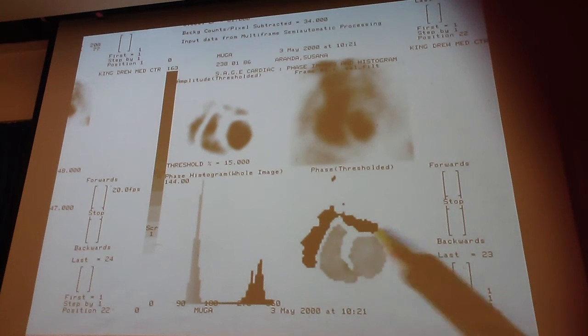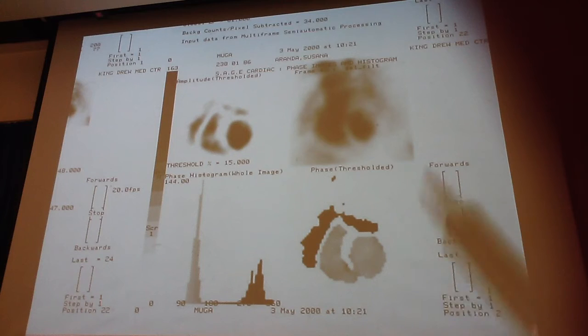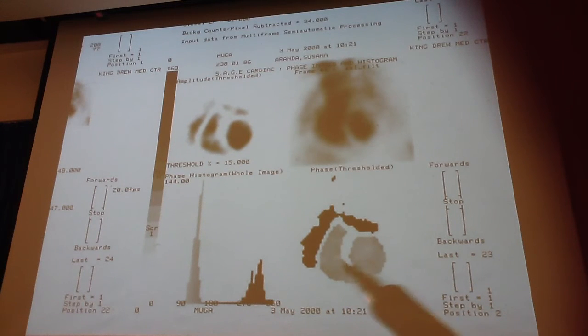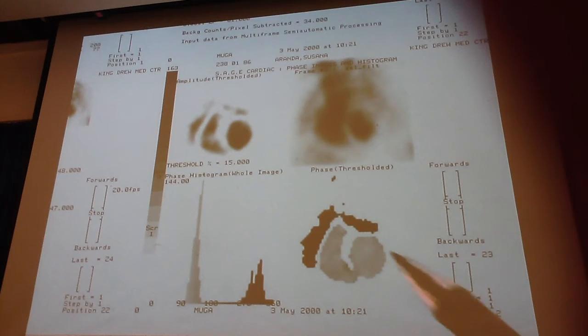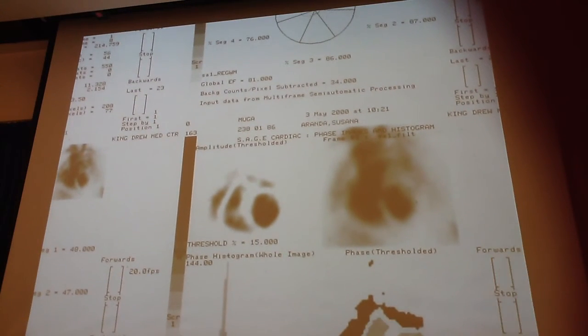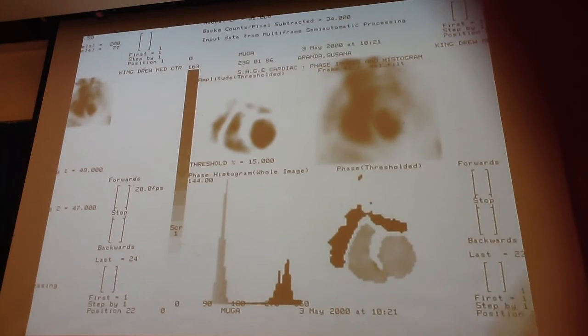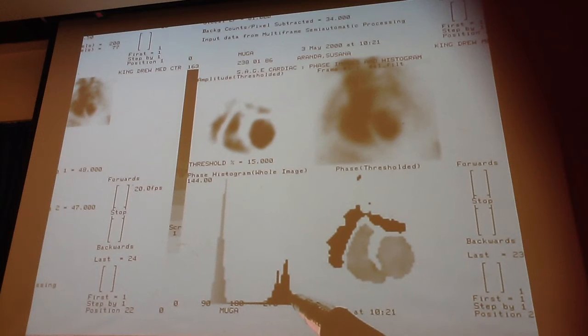So what they're showing you here, this is what they call phase analysis. If there was any part of the heart that was not beating in phase, so in other words, what am I looking at here? Okay, this would represent end diastole, this would represent end systole.